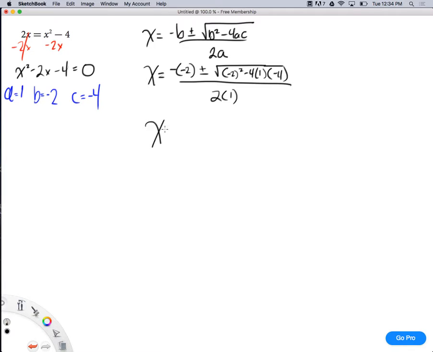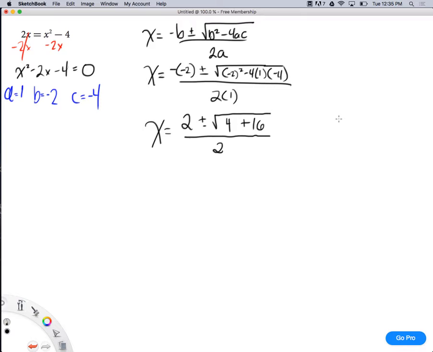So we start off there. Negative 2 is positive 2, plus or minus square root of negative 2 squared is 4. Minus 4 times 1 is negative 4. Negative 4 times negative 4 is positive 16. All over 2 times 1, which is 2.